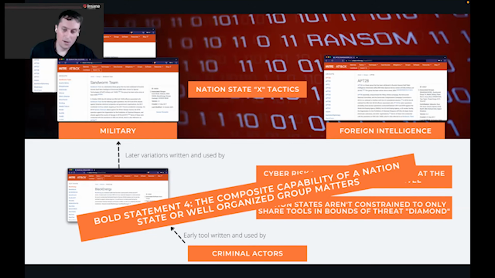And where this ties, and we talked a lot about groups for the last few minutes, where this ties to the attack matrices is you have some groups that are on the ICS attack matrix that aren't on the enterprise. And you have some groups on the enterprise that might have done some ICS stuff at one time, along with groups from the same alleged nation state or the same alleged organized group that aren't doing ICS.